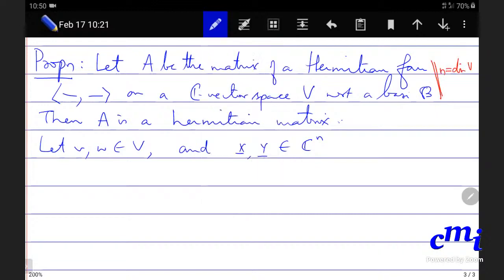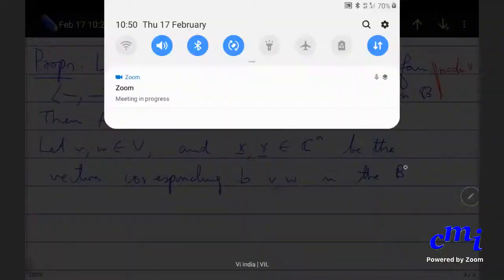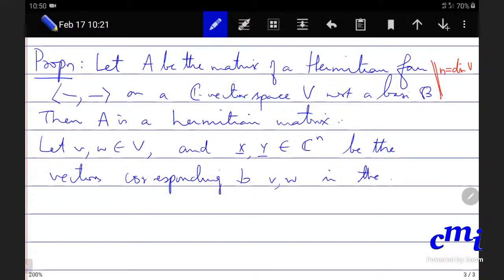X and Y inside Cn are the vectors corresponding to v and w in the basis B. So that is well defined.